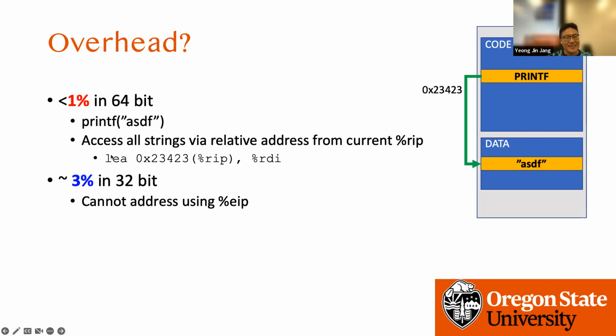So this load effective address instruction will set RDI as RIP plus this number. So we can do operations on the instruction pointer and then get the address. If we know the relative distance like this, then we can use this instruction to get the location.